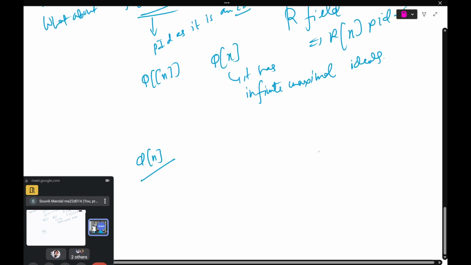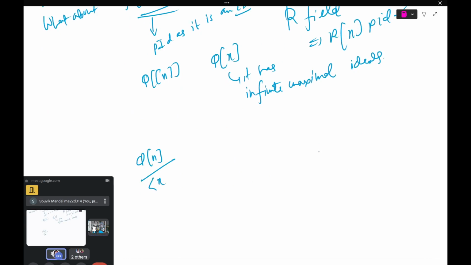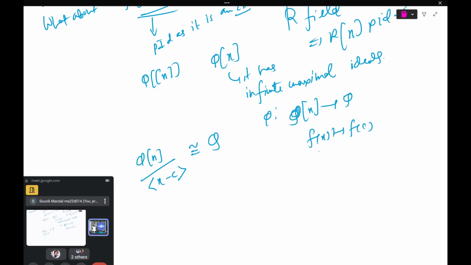Consider Q[x] modulo the ideal generated by x minus c. It can be shown to be isomorphic to Q. How? We have a map from Q[x] to Q, taking f(x) to f(c). It can be shown this map is a ring homomorphism which is surjective, and that the kernel is the ideal generated by x minus c.